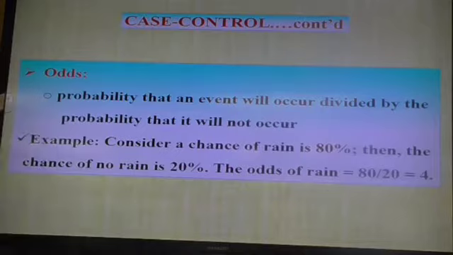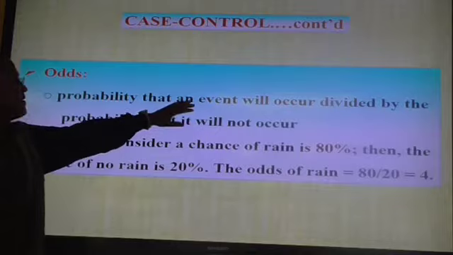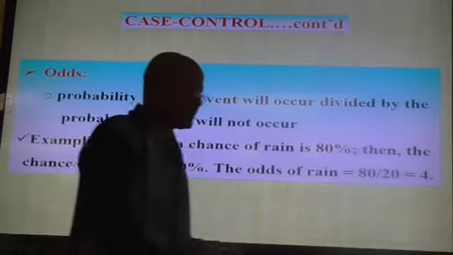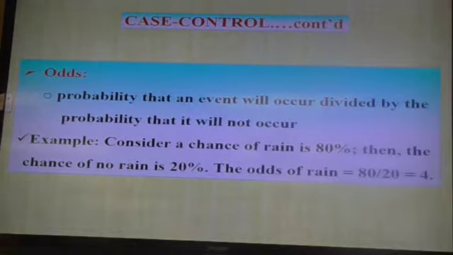I'm sure you must have heard this term. Again, it's a quantity. Odds by itself is a quantity. So this is how you define it in everyday language. Odds is the probability that an event will occur, divided by the probability that an event will not occur. So this is the example that I always use.